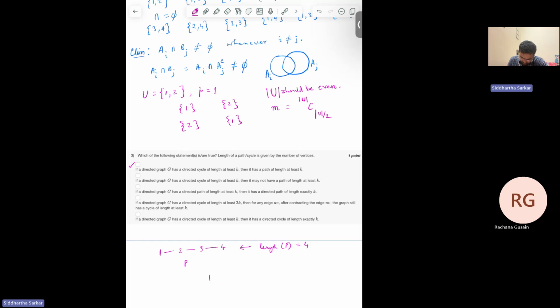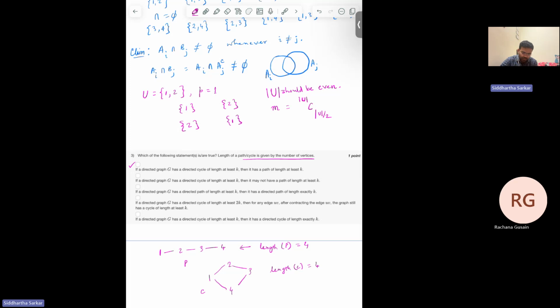Similarly, if I have a cycle like this, then the length of this cycle is also 4, because by convention the length of a path or cycle is nothing but the number of vertices in the path or the cycle.